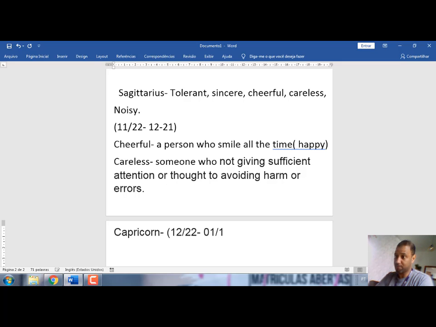So he's a careless person. And careful is totally opposite of careless, right? A person who takes very good care of something. Right? Patience, okay? Patience, everybody knows patience. Inflexible, right? Inflexible is a person that doesn't change their mind, right?